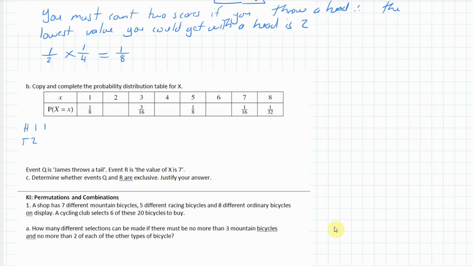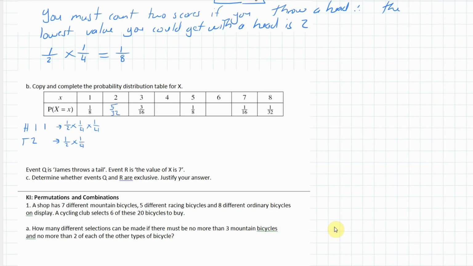Now, the first option, we can say that's 1/2 for the heads times 1/4 for the 1 times 1/4, or this one here is 1/2 times 1/4. And we add those together. So 1/2 times 1/16 plus 1/2 times 1/4 gives me 5/32, 5/32.